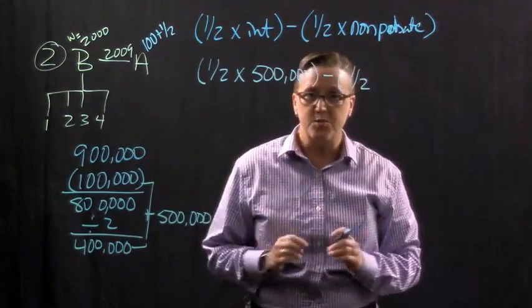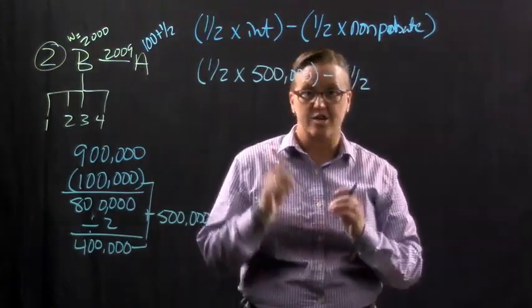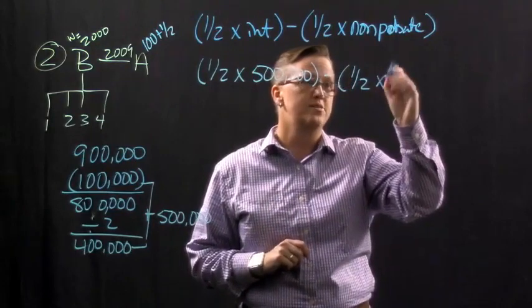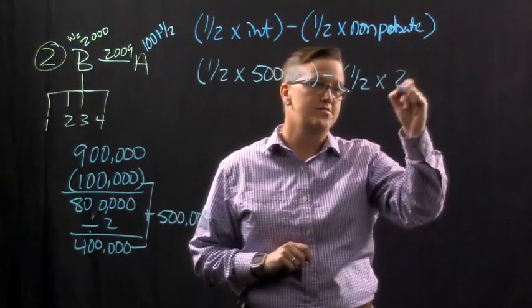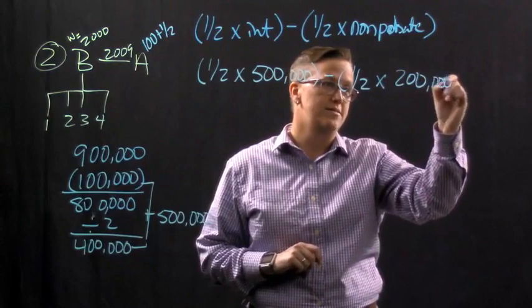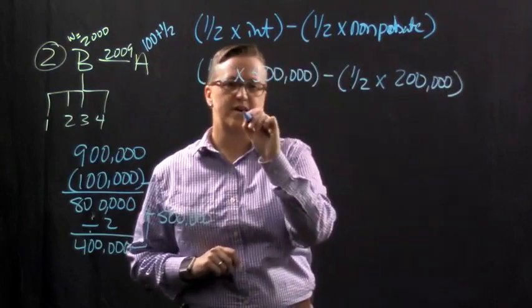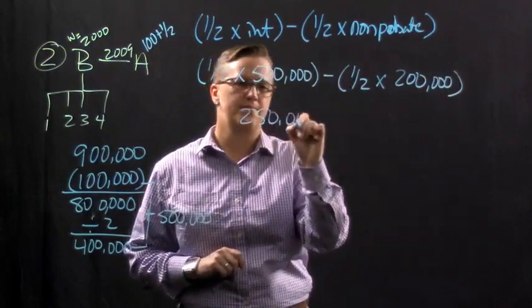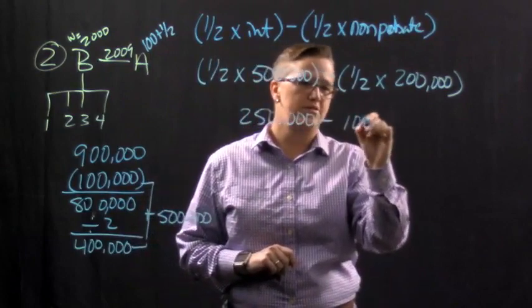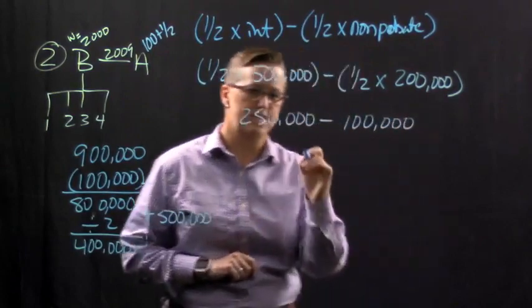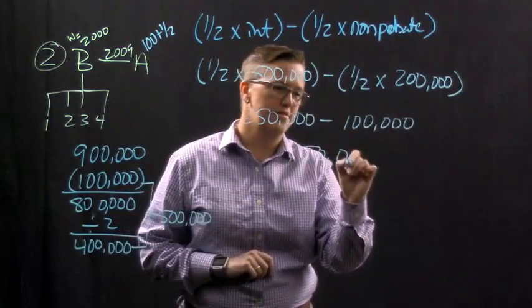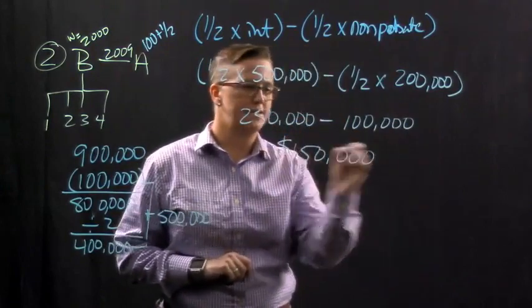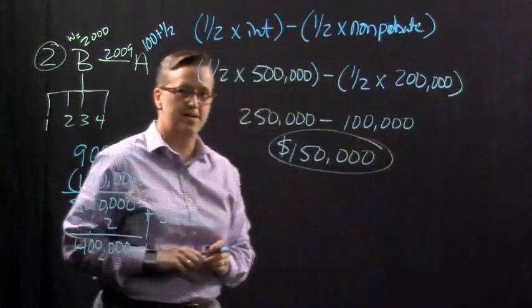The life insurance policy does not count against Allison, only the 401k. So in this case, the non-probate transfers were $200,000. So 1/2 times 500,000 is 250 minus 100,000, which is 1/2 of 200,000. So $150,000 would be Allison's forced share.